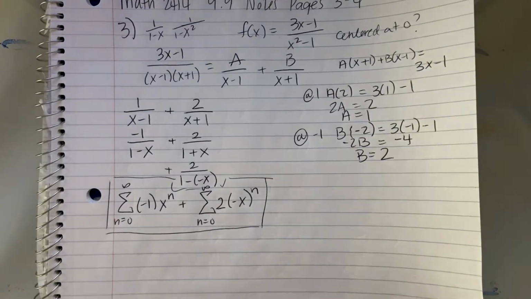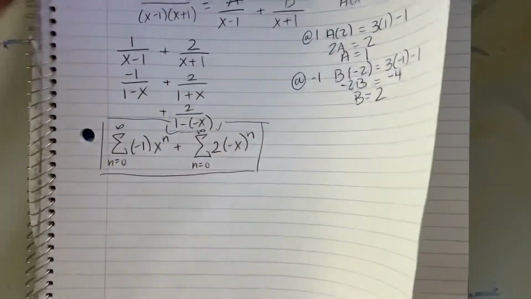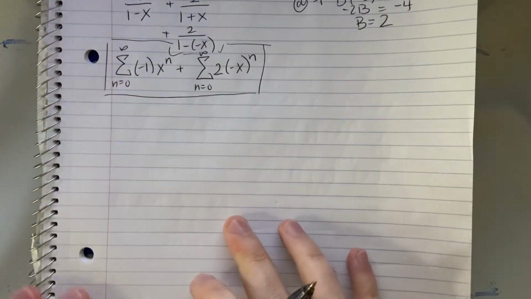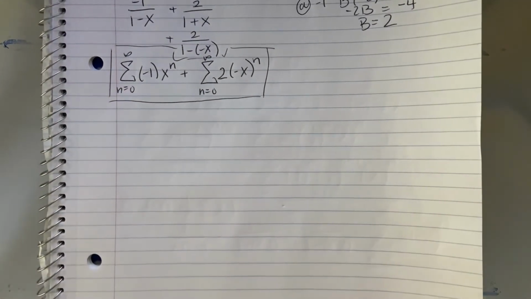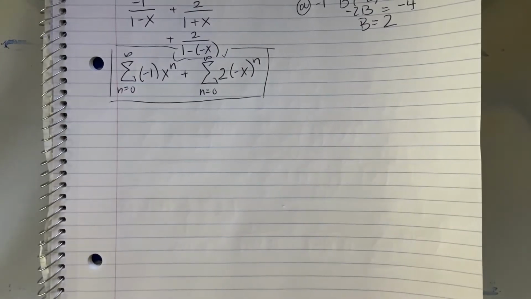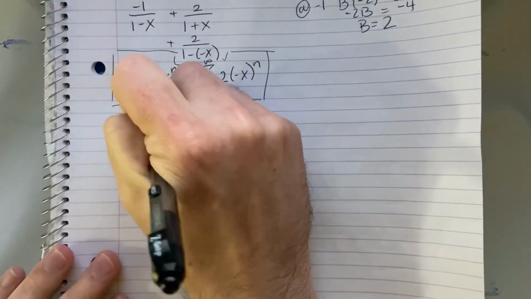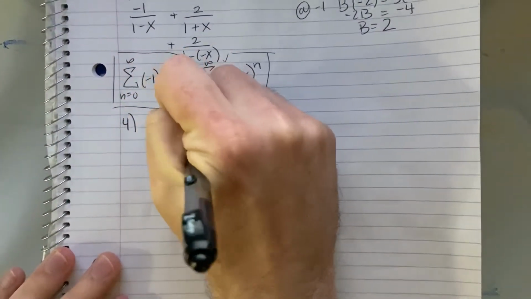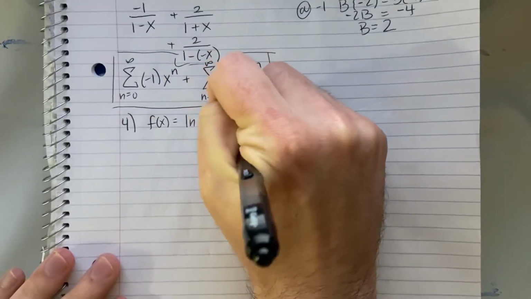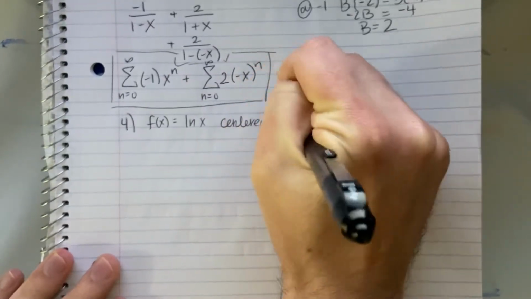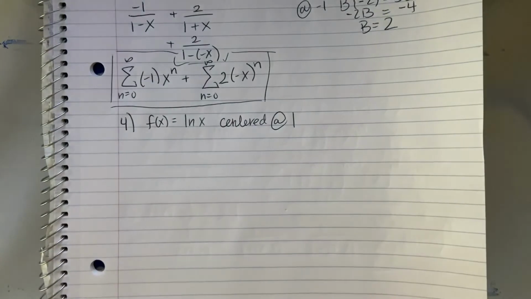Now, notice that there's a note at the bottom of page 3 that says sometimes you have to be clever, and instead of actually just turning it into a power series, you can integrate or take the derivative, etc., of a series. So for example, find a power series for f of x equals ln x centered at 1. Let's start with example 2, which is from the last video.